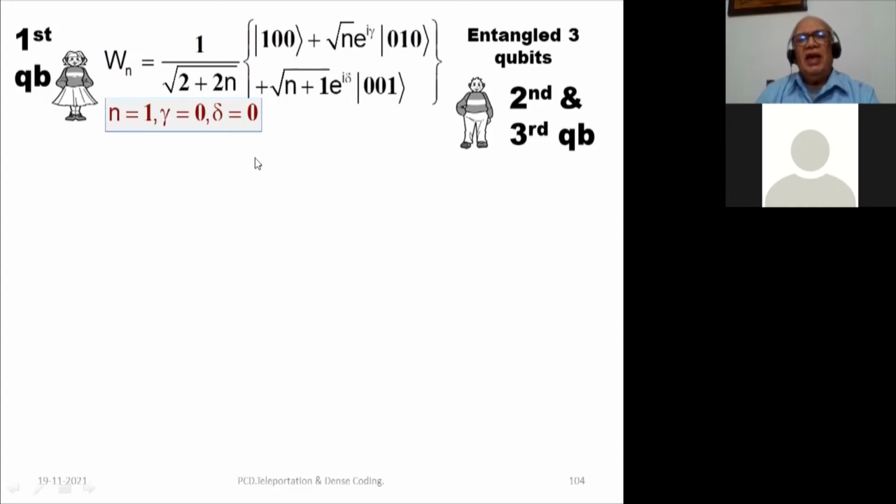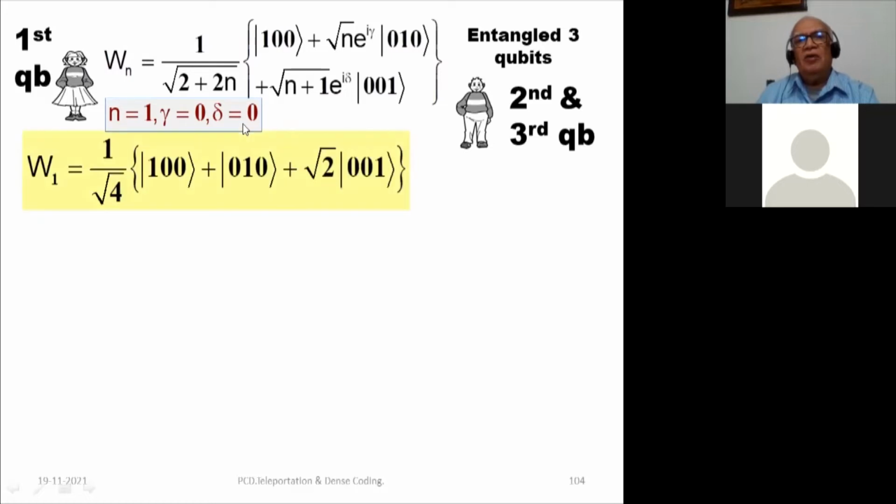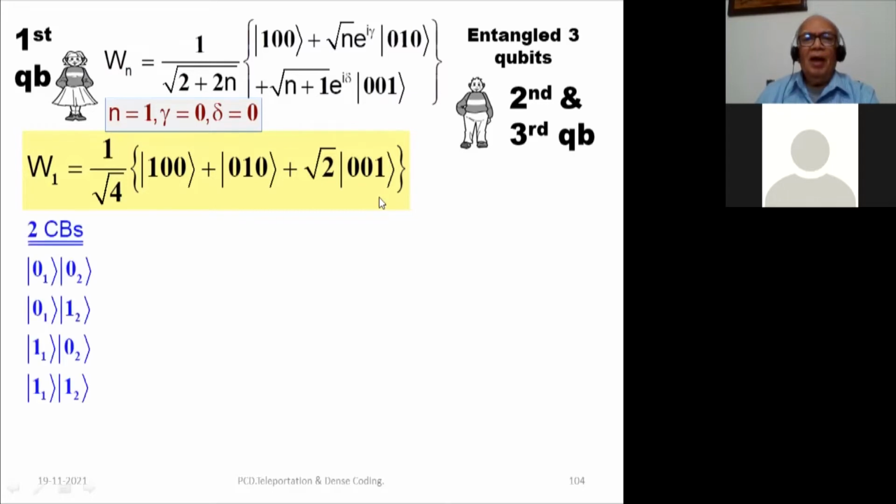And we take a particular case when n is equal to 1, gamma is 0, and delta is 0. And this is the W state of the 3 qubit vector which is with them. So this is the initial state.